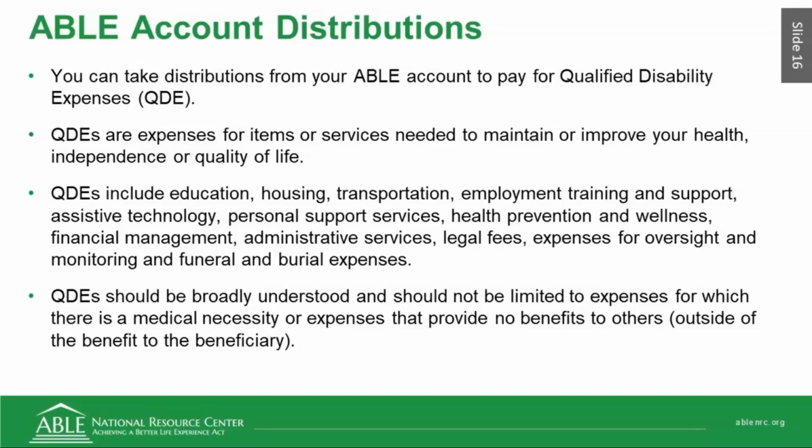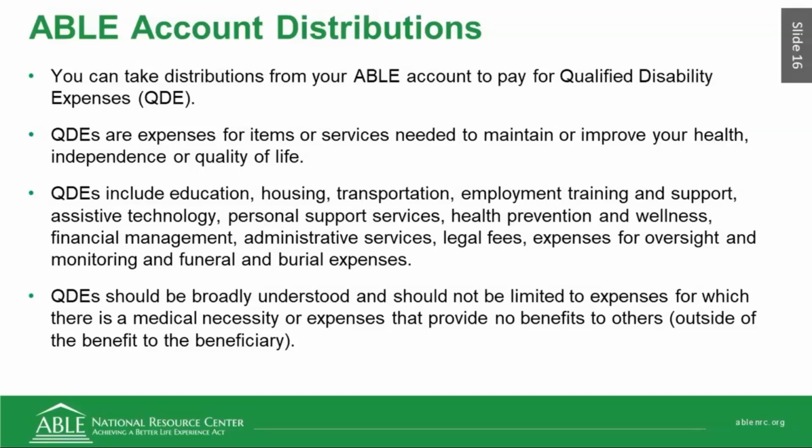So, by the way, today's topic is covered in a document that I think may be going online very soon if it hasn't already, the case summary series on qualified disability expenses. If you look back at that list that starts with education, housing, transportation, the third bullet is the list.